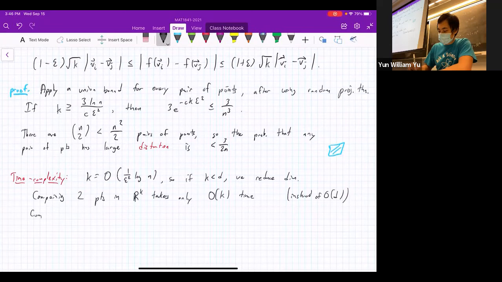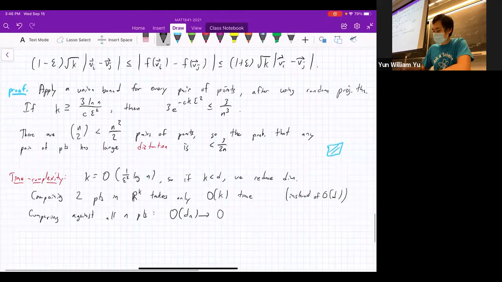So comparing all n points, O of dn goes to O of kn instead, which is equal to O of 1 over epsilon squared n log n.